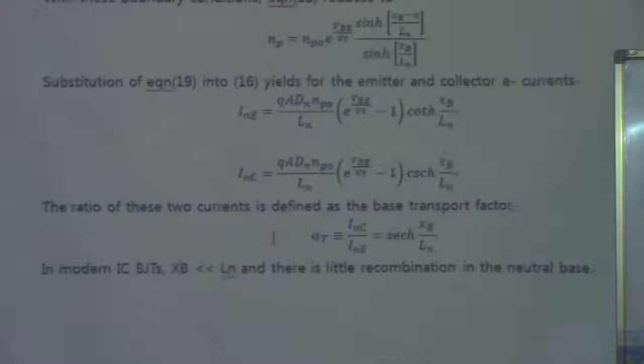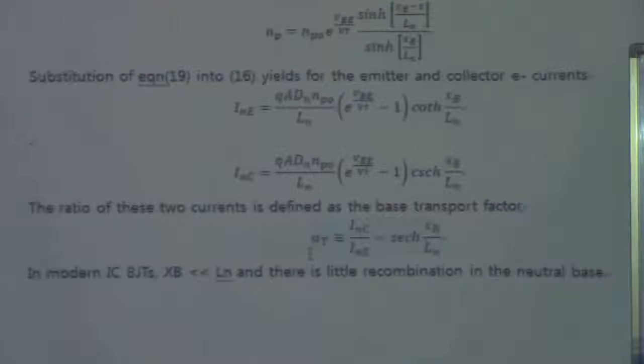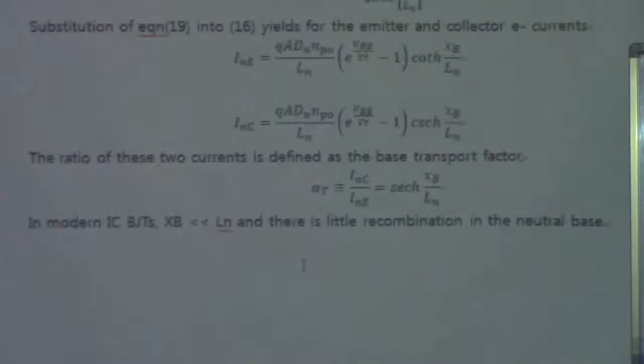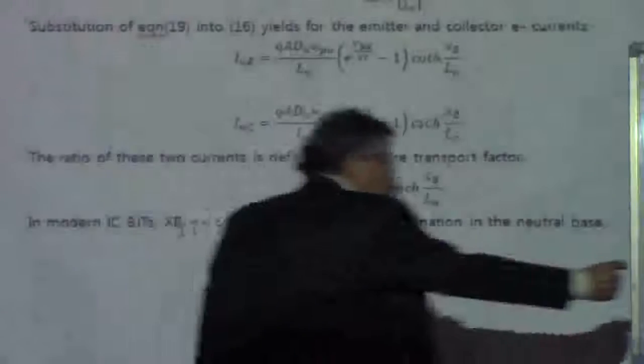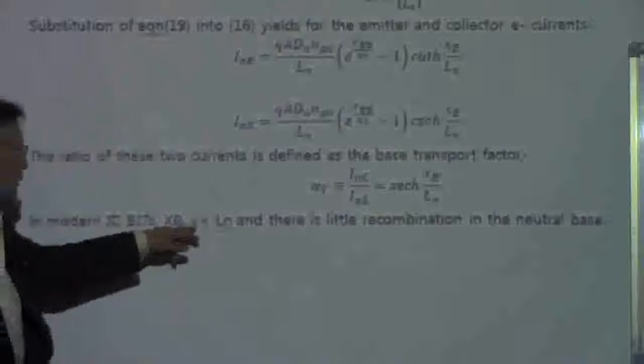The ratio between these two currents is defined as the base transport factor, alpha T. And in modern IC bipolar transistors, XB is the width of the base, if you like.